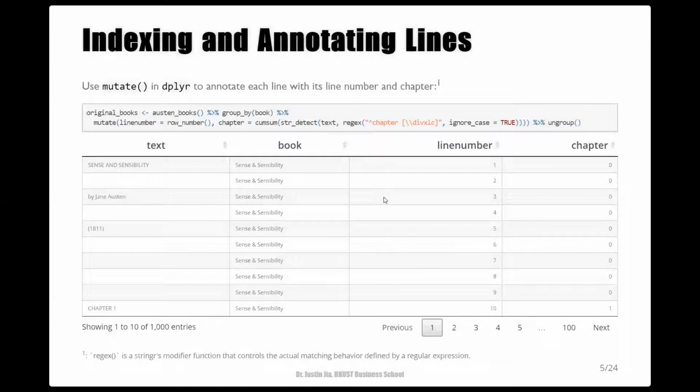The janeaustenr package has a function named austen_books that returns a tidy data frame of all of the 6 completed novels. Let's start with that, and also use the mutate function to annotate a line number quantity to keep track of lines in the original format, and a chapter to find where all the chapters are.